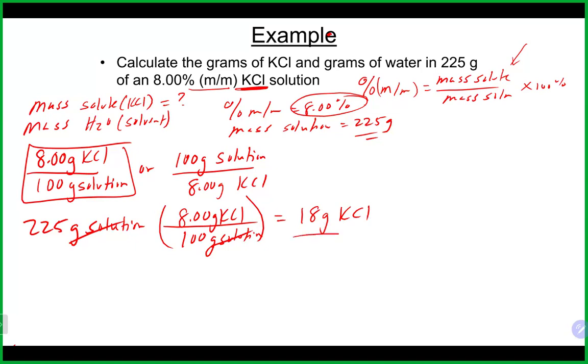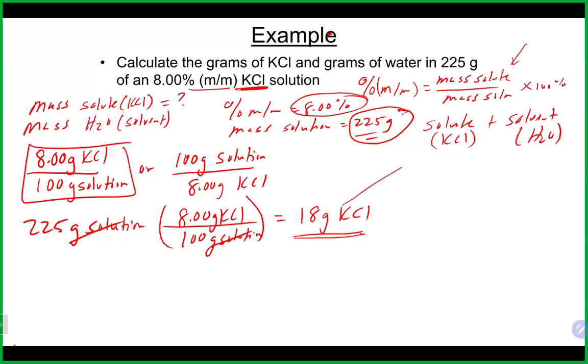Now, to get my water, that will come from this. The mass of my solution is both the solute, which we just found, which is KCl, and the solvent, which is the water. So now that we know how much of that is the solute, we can subtract and figure out how much of it is water.